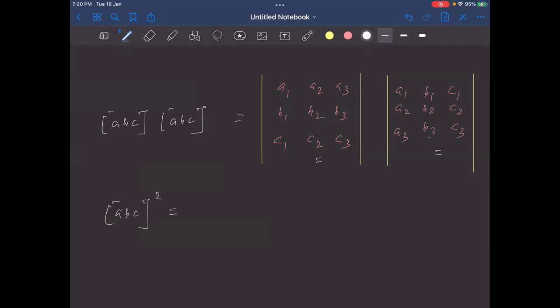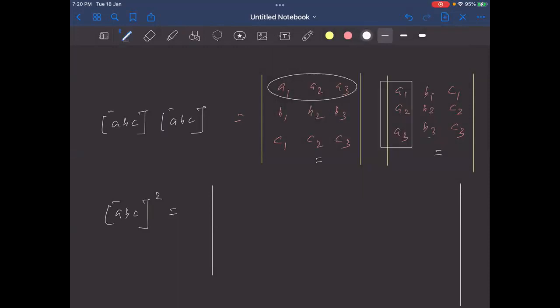STP ऑफ ABC स्क्वायर. ठीक है, आप डिटरमिनेंट मल्टीप्लिकेशन यूज करते हैं. देखो तो क्या होता है डिटरमिनेंट मल्टीप्लिकेशन में? पहले क्या होता है? This will be multiplied with this. Am I right?